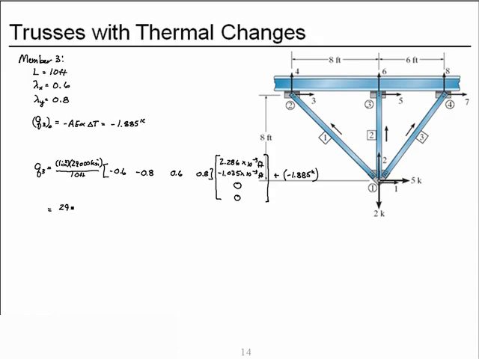So we have 2,900 kips per feet times, so we have the minus lambda x times displacement 1 plus the minus lambda y times displacement at degree of freedom 2, plus lambda x times displacement at degree of freedom 7, that's a 0, plus lambda y times displacement at degree of freedom 8, that is also 0.